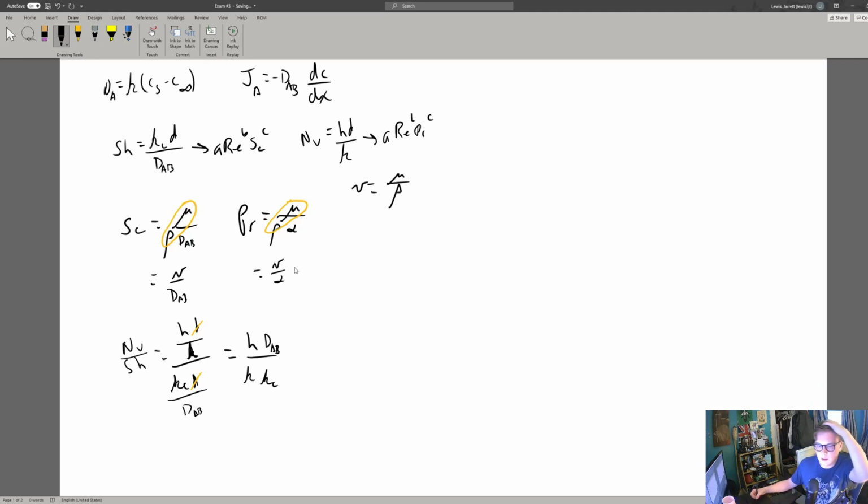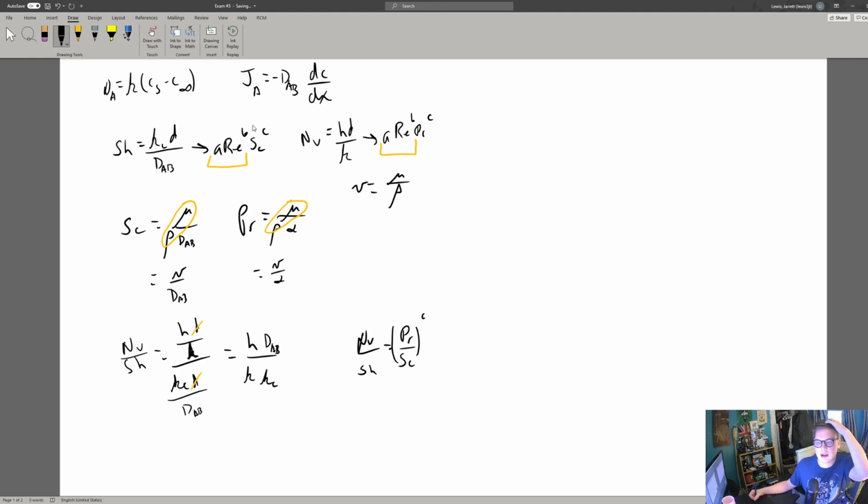Okay, and we also know, using these equations up here, if we were to divide the Nusselt number by the Sherwood number, that the first part of each of these equations would just cancel, and we'd be left with the Nusselt number divided by the Sherwood number is equal to the Prandtl number divided by the Schmidt number, all raised to the power c.